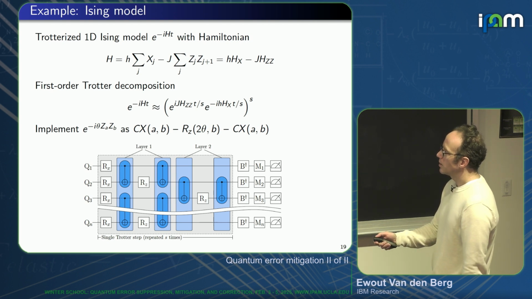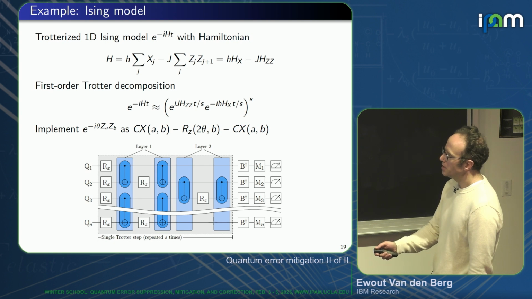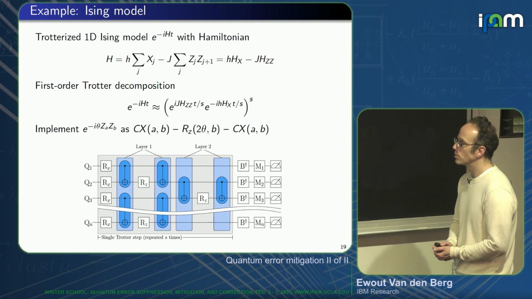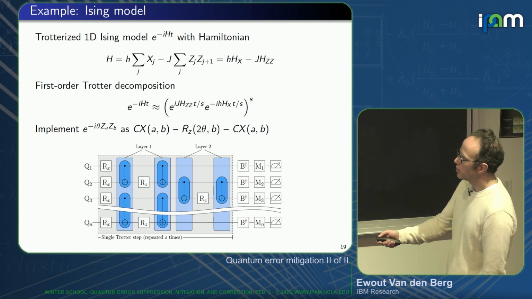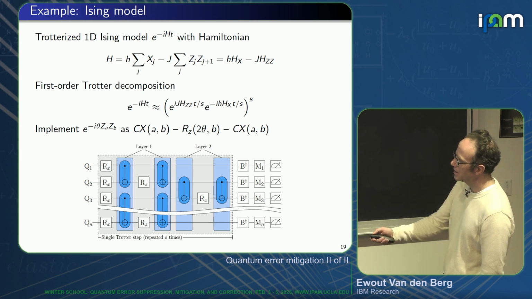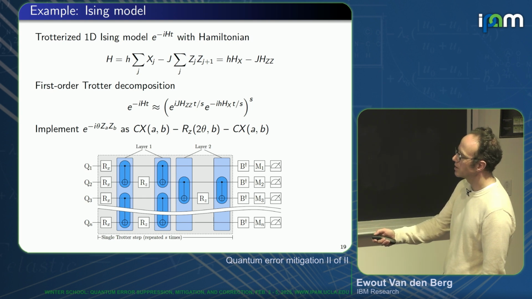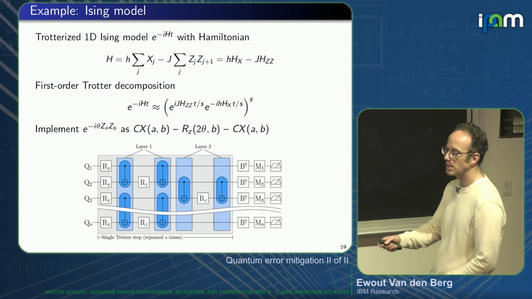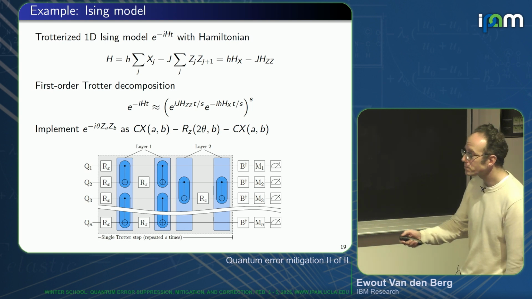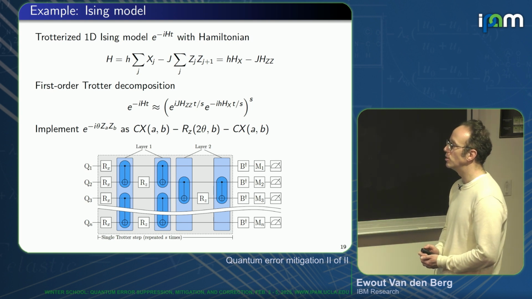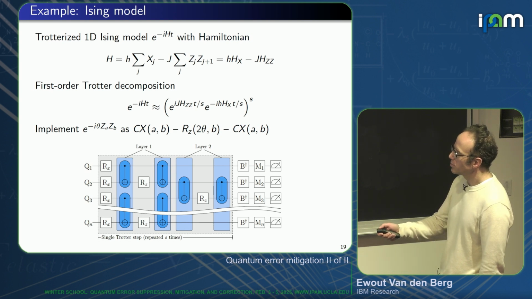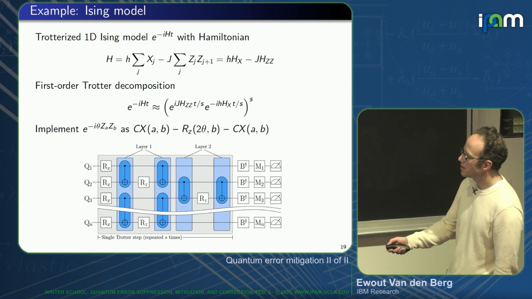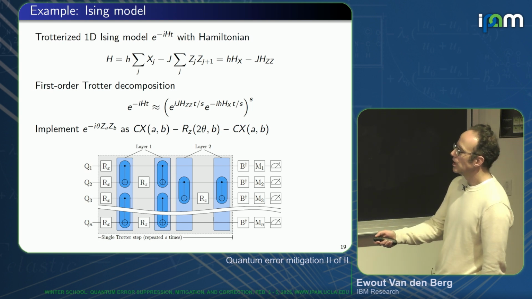If you want to do this exponentiation, you can do a first order Trotter decomposition. We write e to the minus iHt as a time evolution of the ZZ component and the X component, and we divide the time into slices and raise that to the power S. The exponentiation of X is easy, that's just rotation gates.